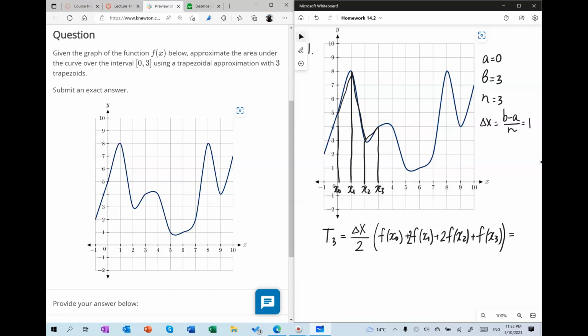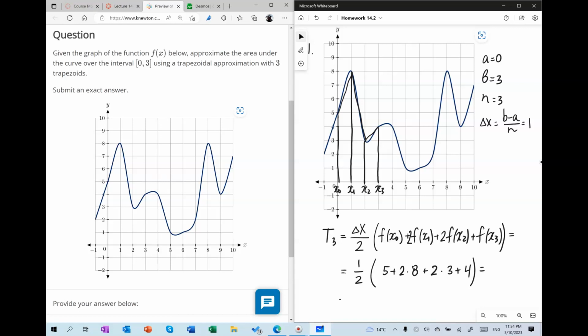And to actually compute it, we need to have all the ingredients. So here we have delta x is 1, f of x0 is 5, f of x1 is 8, f of x2 is 3, and f of x3 is 4.